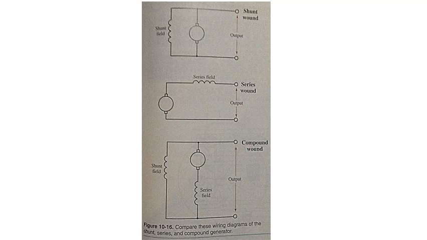An under compounded generator will have a decreased voltage at full load current. A variable load may be placed in parallel with the series winding to adjust the degree of compounding. Figure 10-16 shows schematic diagrams of the shunt, the series, and the compound generator.